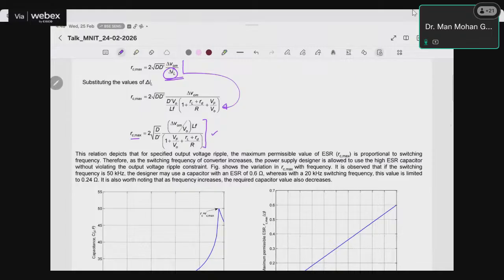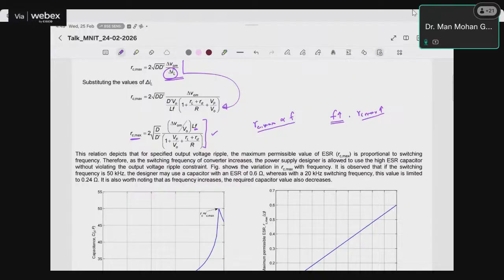So what this expression says is that the value of RC max depends upon F. It is directly proportional to frequency. So if you are using a very high frequency, then we have RC max to be more. It means I have the flexibility to use a capacitor which has more ESR, because due to the increase in frequency, my limit for RC has increased.